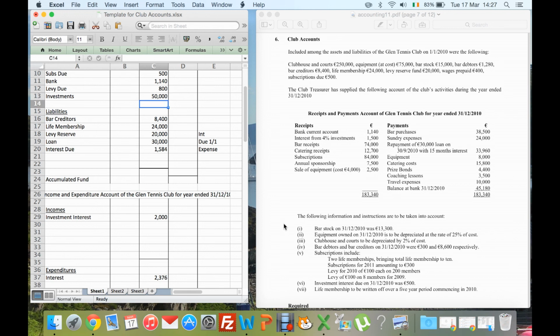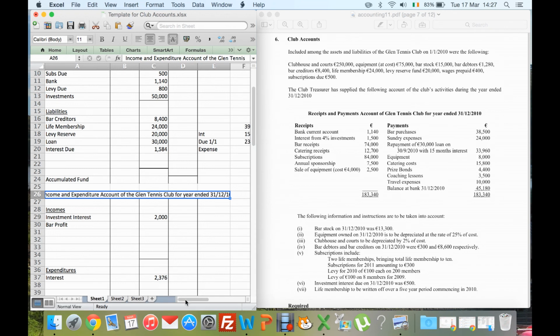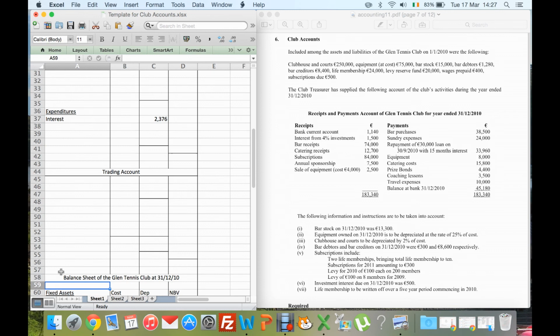Okay. So we're not going to do the adding up or subtracting just yet. We move down to our incomes in the income expenditure account. Obviously, one of the incomes is going to be the bar profit. To work out our bar profit, I come down to my bar trading account.